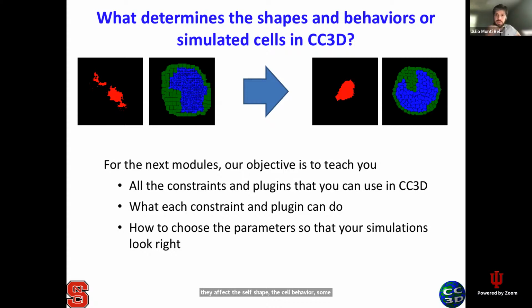What each constraint and plugin that exists in CompuCell can do and what it cannot do, how you can combine plugins to get a desired output that they alone will not give you, and how, as you do the exercises and see the examples, to develop the feeling of how to choose the parameters so that your simulations look right, not according to some textbook, but look right according to the specific cellular or developmental or disease process that you are trying to replicate and study using computer simulations, okay?